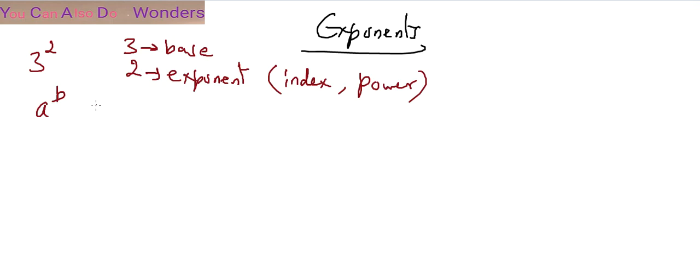Just like 3 square is 3 into 3. Similarly, 2 cube is 2 into 2 into 2, which is 8.